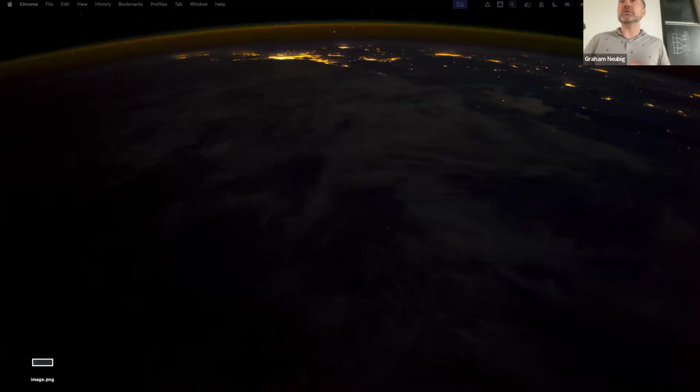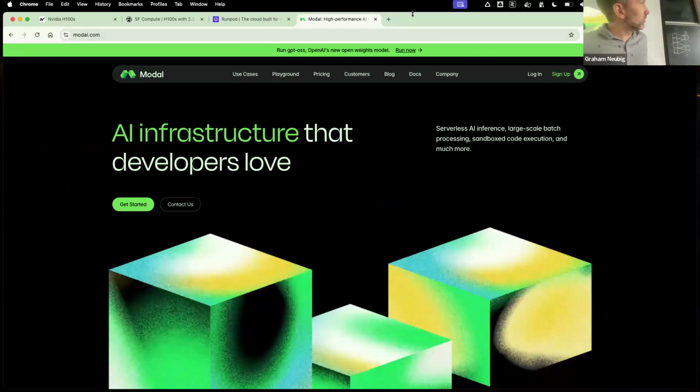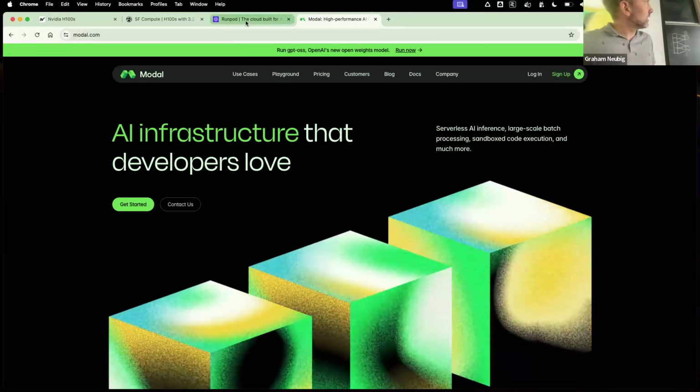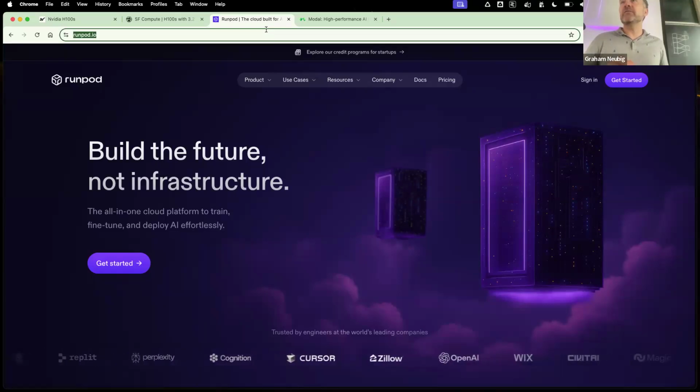So if I wanted to actually go out and do training or serve something myself in a more industrial setting, there's two varieties of GPU service that I would suggest. Ones that I have used are Modal and RunPod. Modal and RunPod are particularly good if you want to spin up a bunch of GPUs quickly, or you want to have serverless GPUs or things like this.